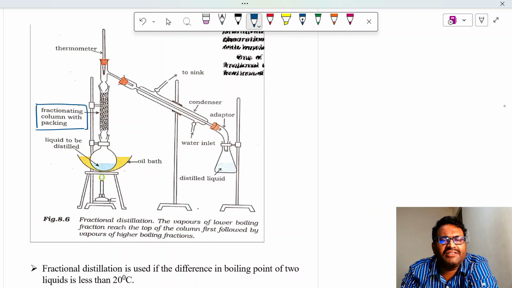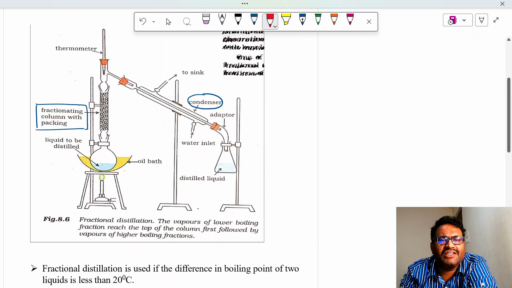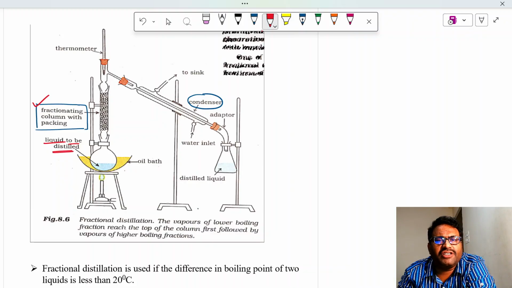Before passing the vapors into the condenser, first of all, they are passed through a column, and that column is called as what? Fractionating column. So here the liquid to be distilled is taken, that means a mixture of liquids.